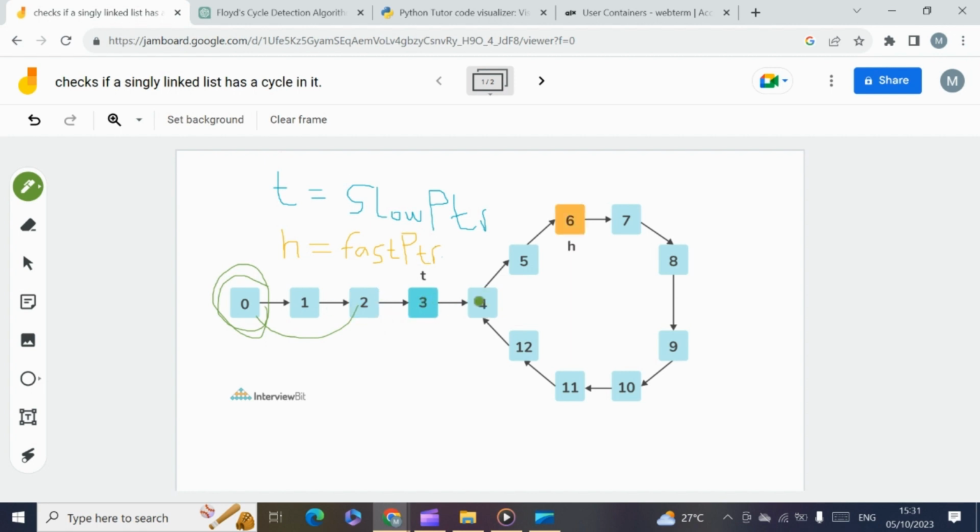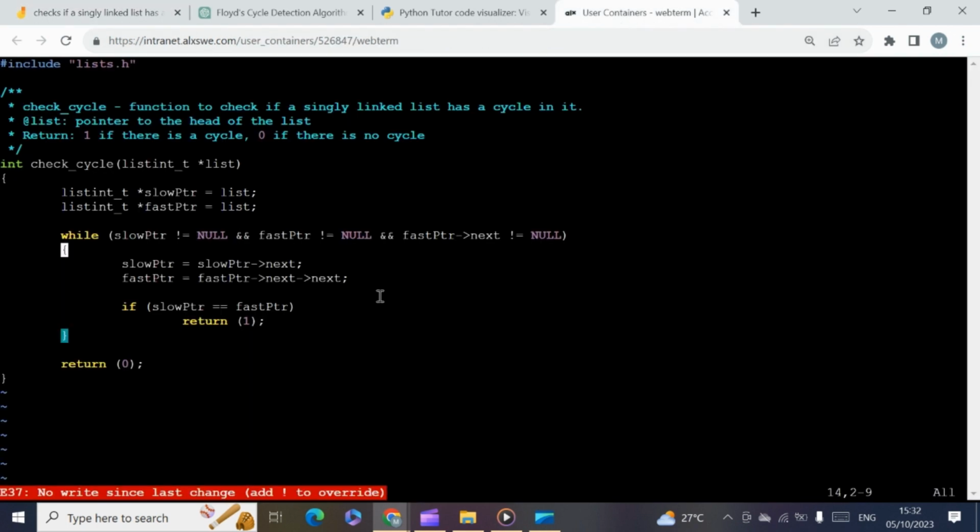So 2, 3, 4, 5, moves to 6, moves to 7, whilst the H is moving faster, and then they eventually meet at 9. Okay, so let's look at the code.